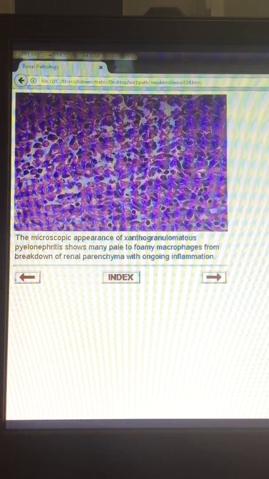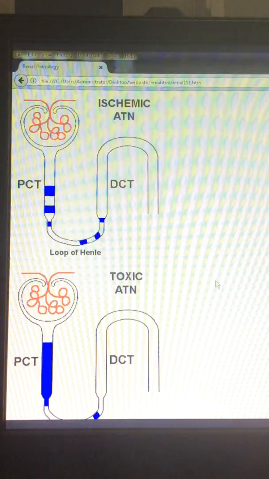Going into acute tubular necrosis, or ATN. Acute tubular necrosis has two variants or two types. One is called ischemic, the other called toxic. So what is the difference between these two? Ischemic acute tubular necrosis means that there is patchy or discontinuous involvement of the tubules.